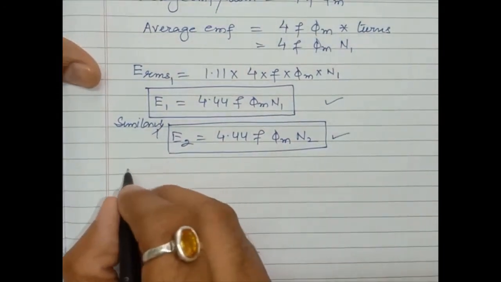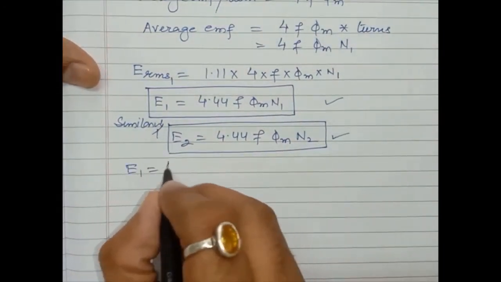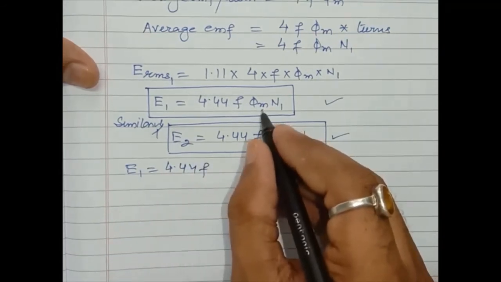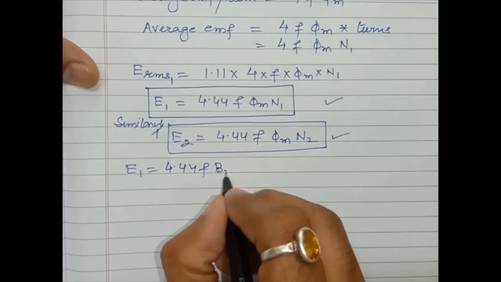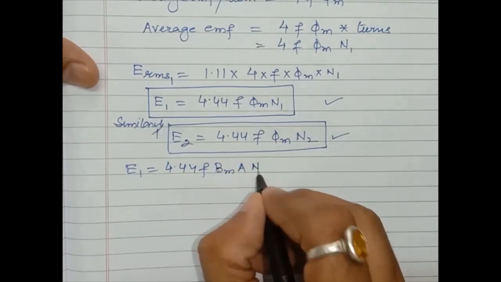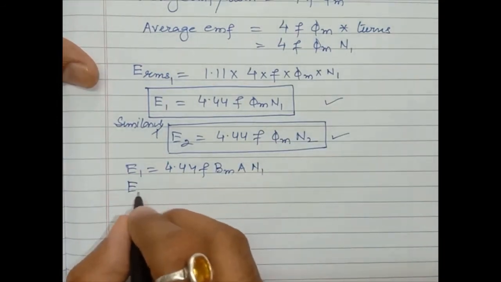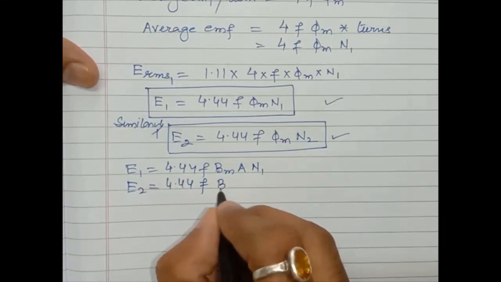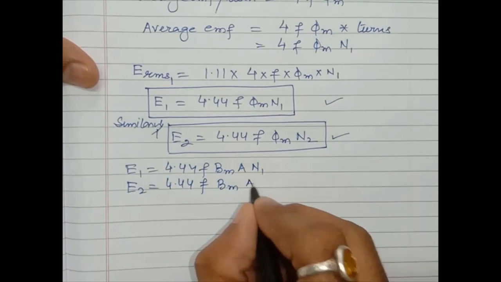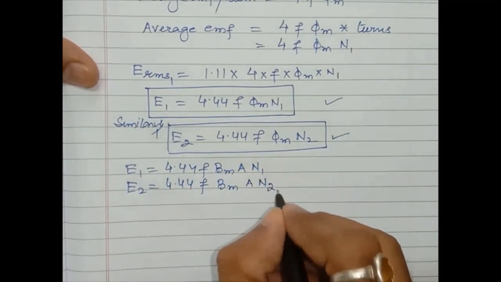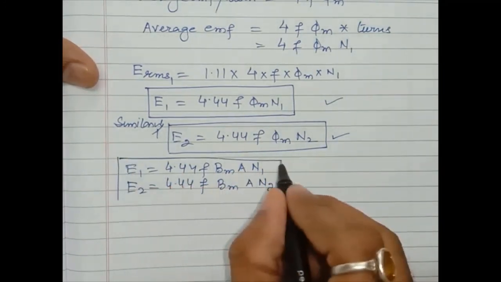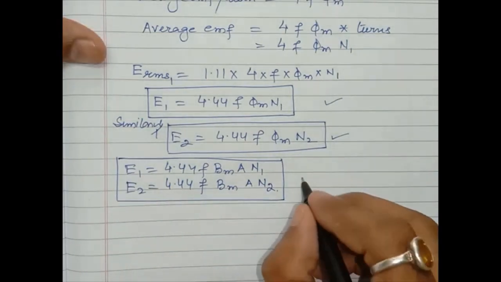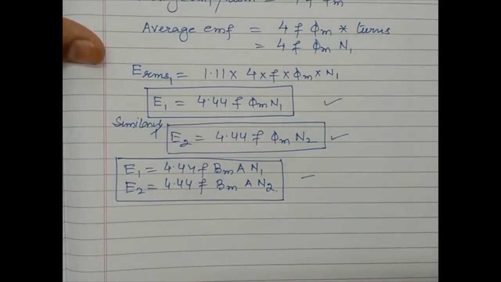This can also be written as E1 is equal to 4.44 f Bm A N1. Similarly, E2 is equal to 4.44 f Bm A N2. This is the EMF equation for a transformer. Okay, thank you.